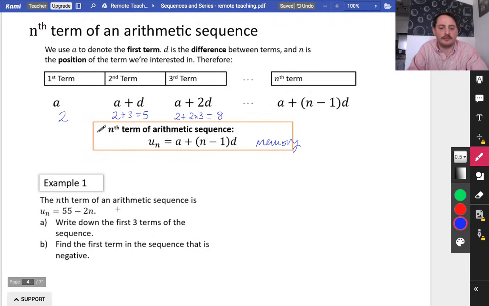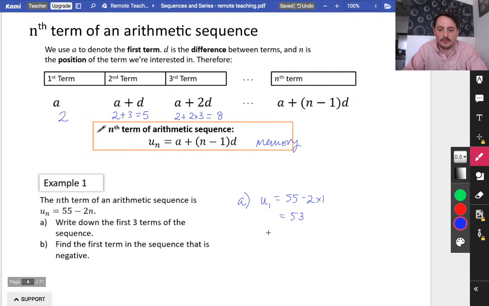It says that the nth term of an arithmetic sequence is u_n equals 55 minus 2n, and it says write down the first 3 terms of the sequence and then find the first term in the sequence that is negative. For part A, we want to find the first 3 terms. So u1 is going to be 55 minus 2 times 1, which is 55 minus 2, which is 53.